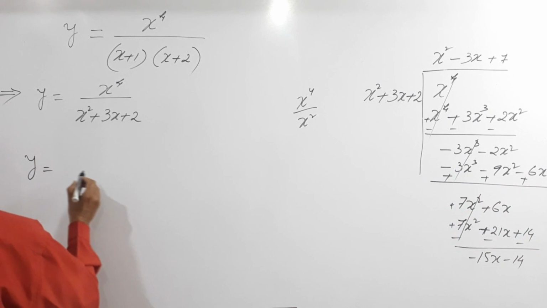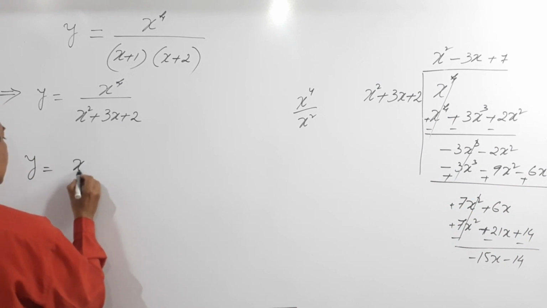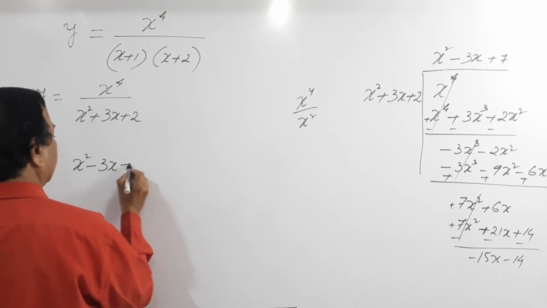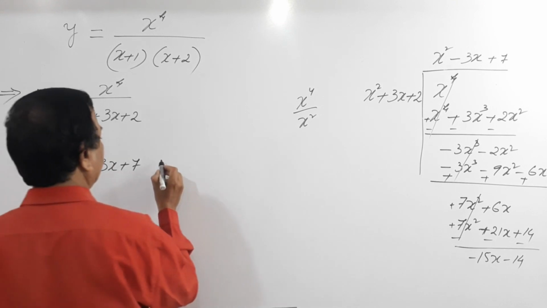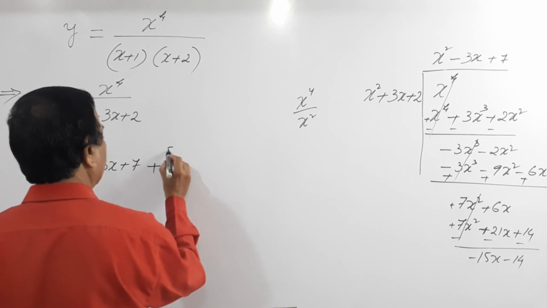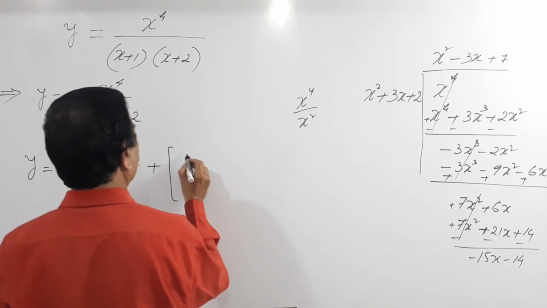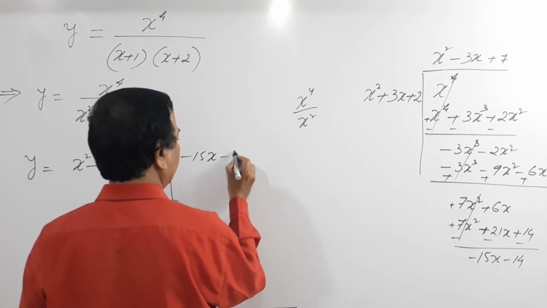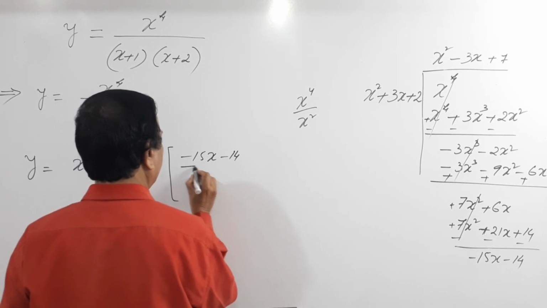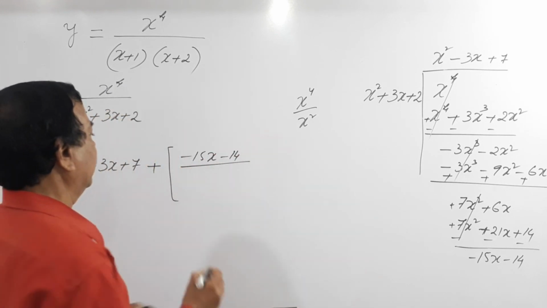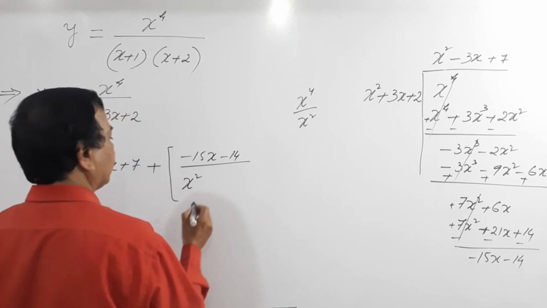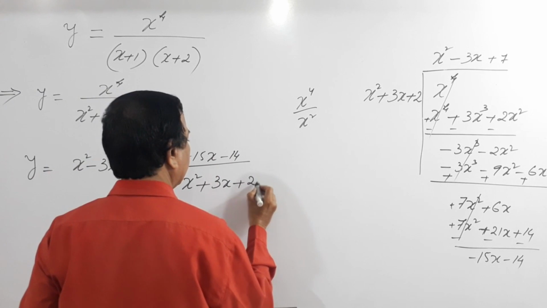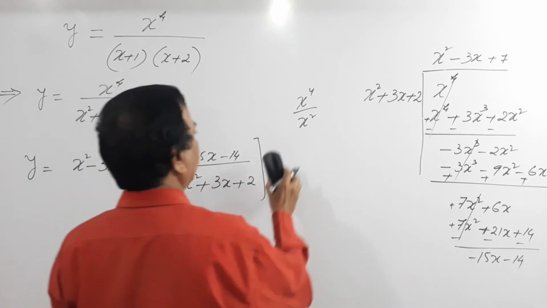y equals to x square minus 3x plus 7 plus, I take this, minus 15x minus 14 divided by x square plus 3x plus 2.